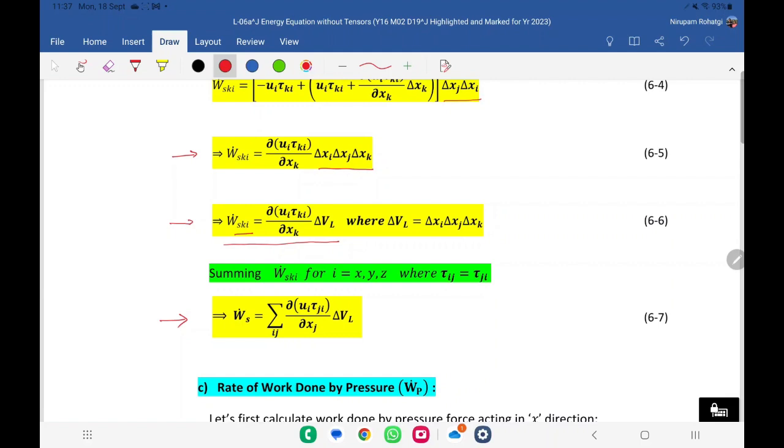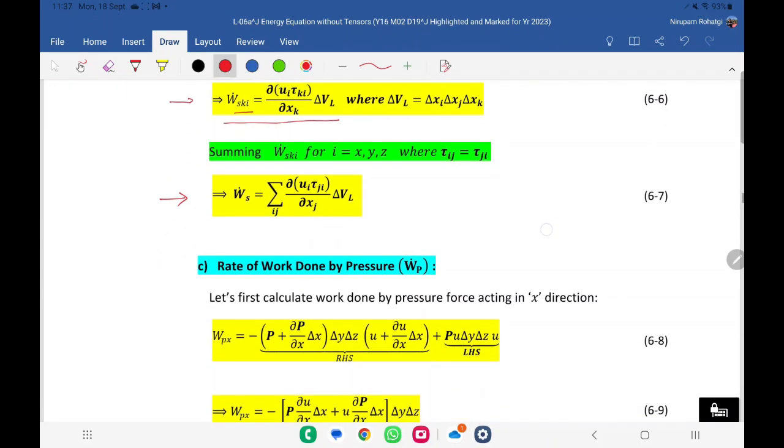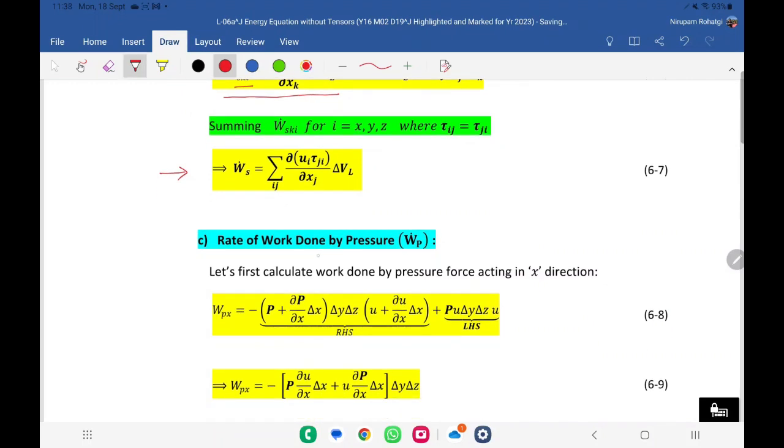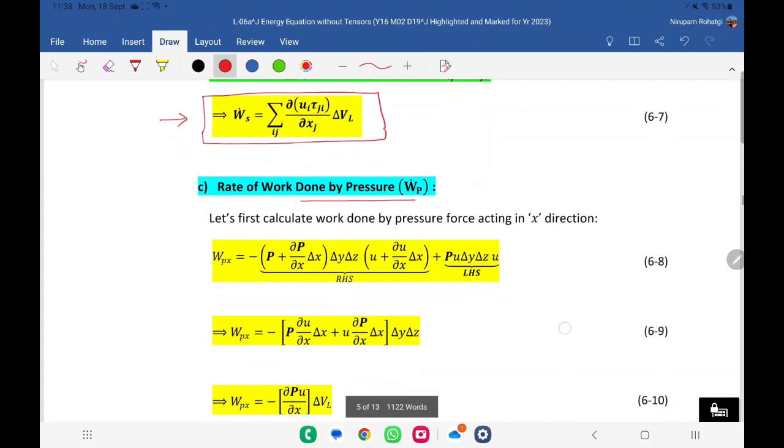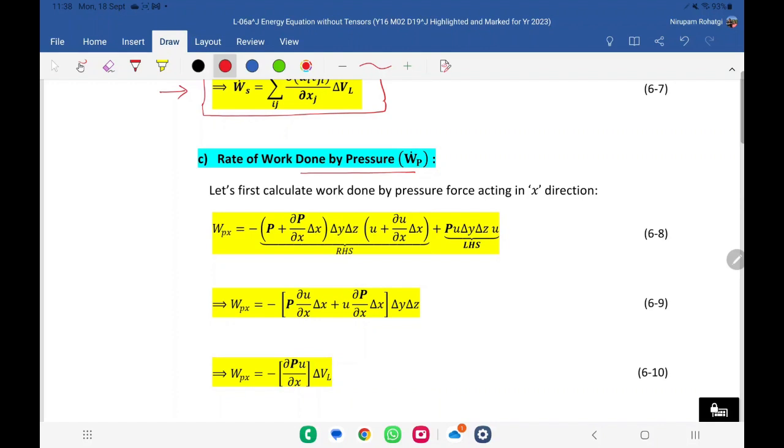You will get 9 forces, 9 terms. Okay, so this is one. Then the work done by pressure. So this is work done by body forces. Okay, then we talk about this.